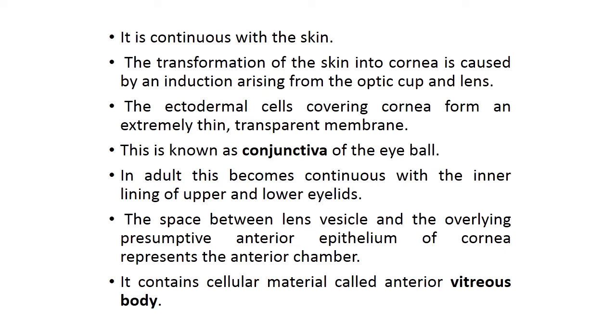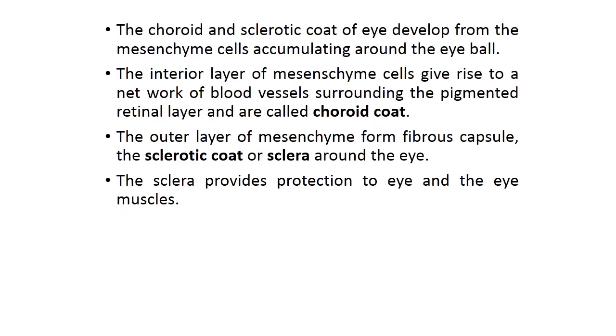The space between the lens vesicle and the overlying presumptive anterior epithelium of the cornea represents the anterior chamber. It contains cellular material called the vitreous body, the anterior vitreous body. The choroid and sclerotic coat of the eye develop from the mesenchyme cells that accumulate around the eyeball.